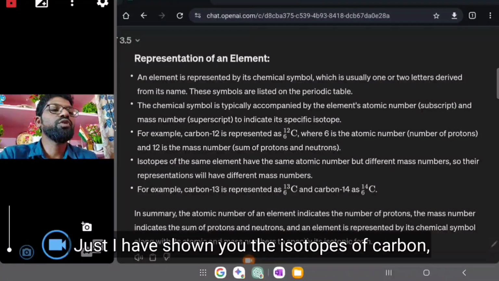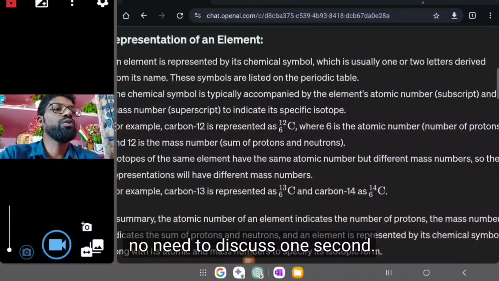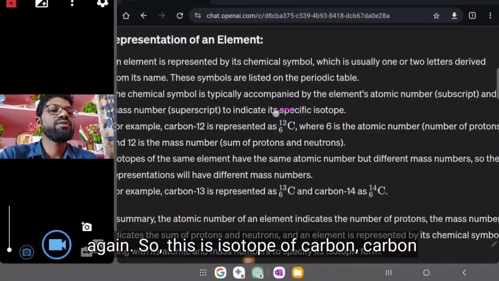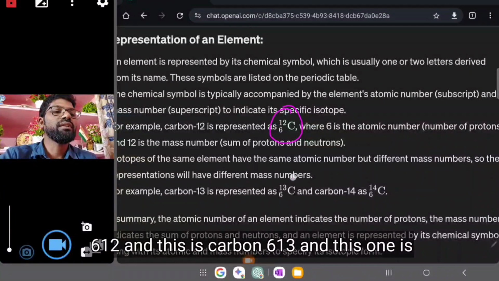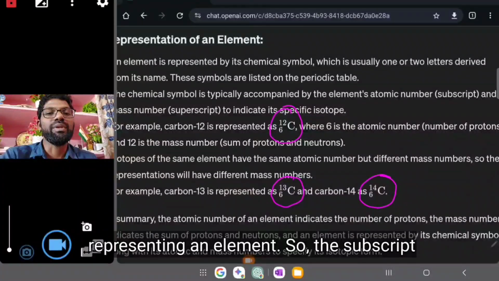I have just shown you the isotopes of carbon, no need to discuss once again. So, this is an isotope of carbon, carbon 6 12, and this is carbon 6 13, and this one is carbon 6 14. So, this is the way of representing an element.